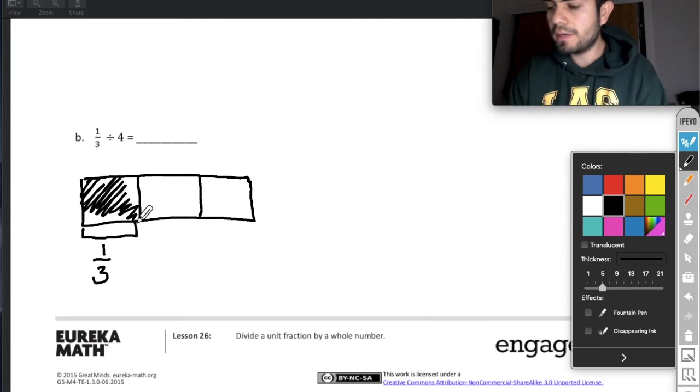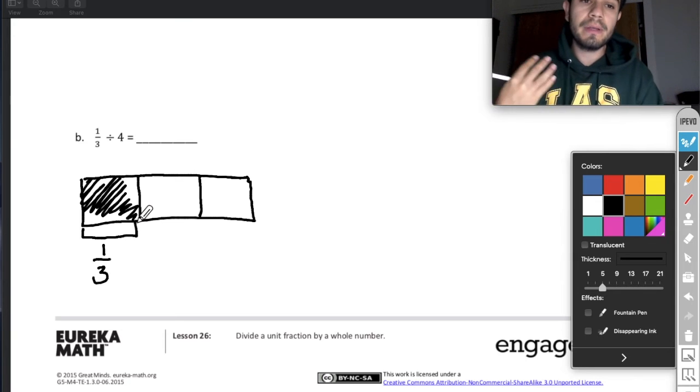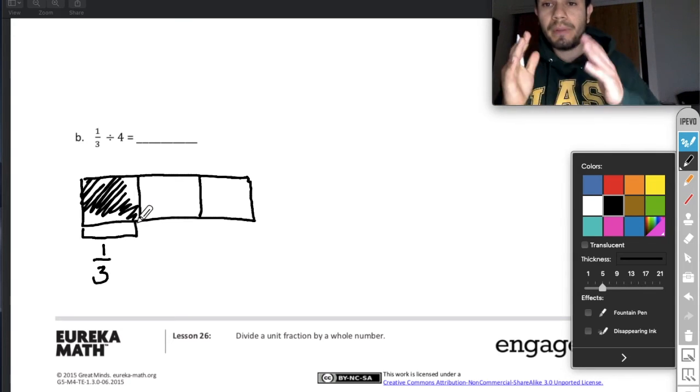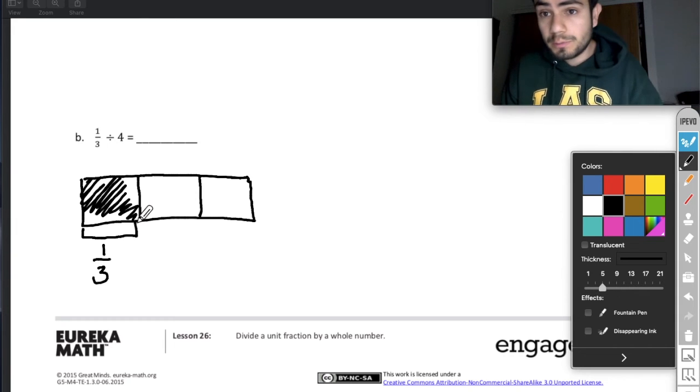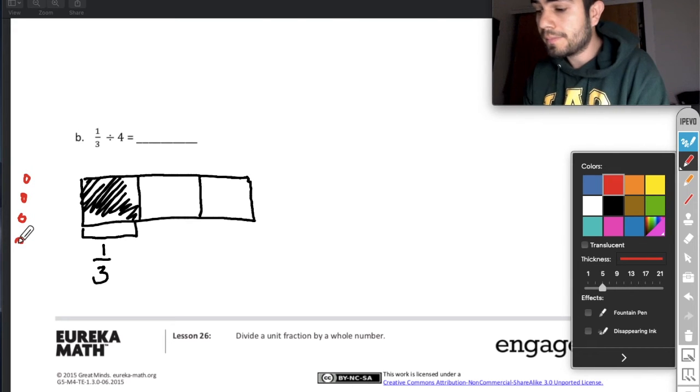Make sure to shade that in. And now we are going to be dividing it by 4. So we're going to be sharing it by 4 people, if that helps you visualize it. So it'll look something like this. We got 1, 2, 3, and 4 people like that.